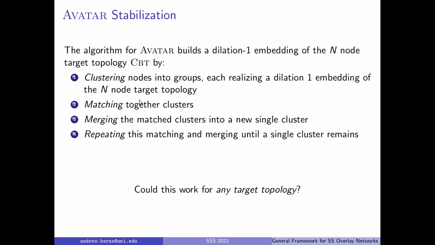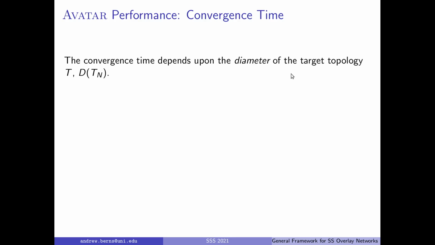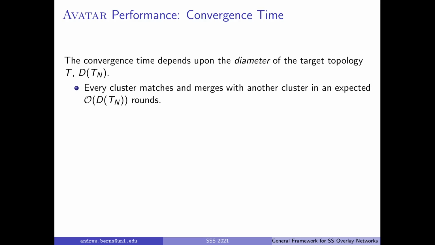In fact, all we really need to get this to work for any target topology is a few different measures. Number one, we need to know the diameter of the target topology, which we'll represent as d_T(n). This is going to be important because every time we do a match or a merge, it requires that we coordinate between nodes of two clusters.